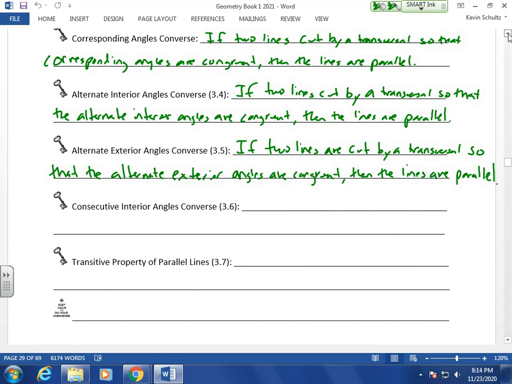The consecutive interior angles converse. Ready? 1, 2, 3.